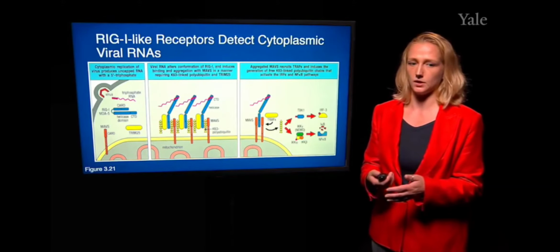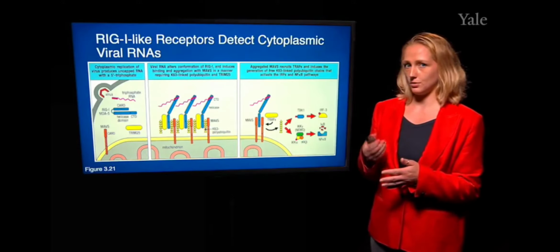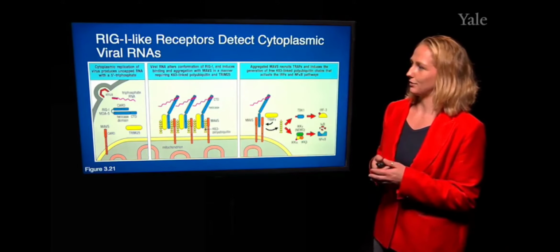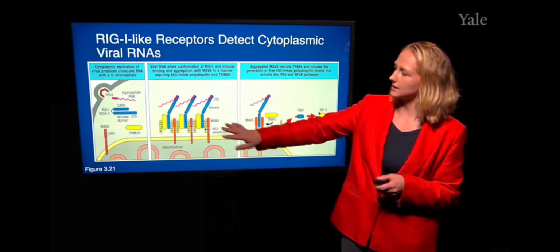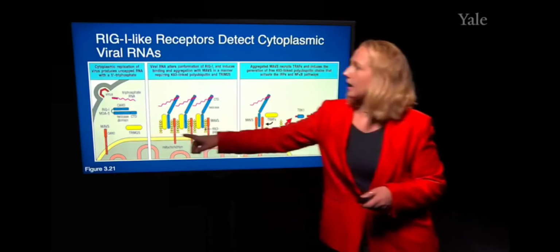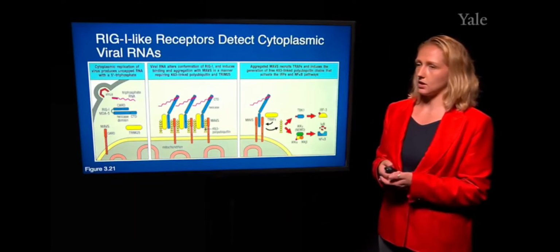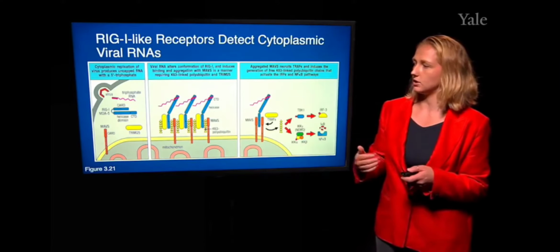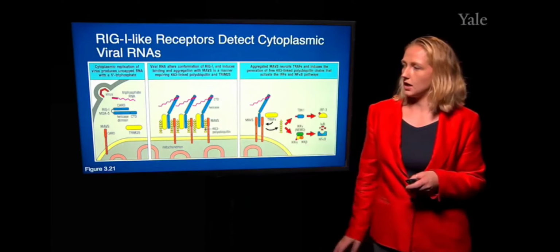Now, mammalian mRNA is capped and does not have a 3' triphosphate, so this RNA is recognized by RIG-I. The viral RNA alters the conformation of RIG-I and induces binding and aggregation with another protein called MAVS, which is found on the surface of mitochondria.